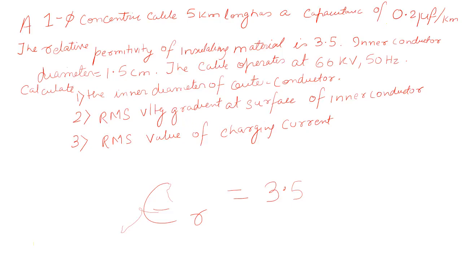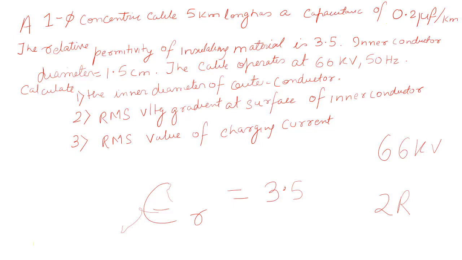It is not giving the radius but the diameter of the conductor. The cable operates at 66 kV, 50 hertz. You need to find the inner diameter of the outer conductor, that means 2R.